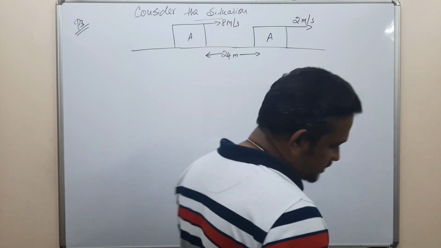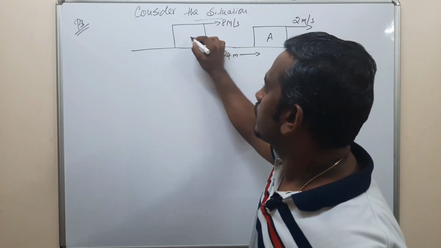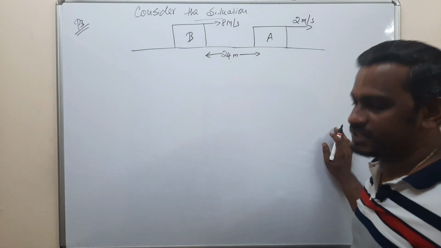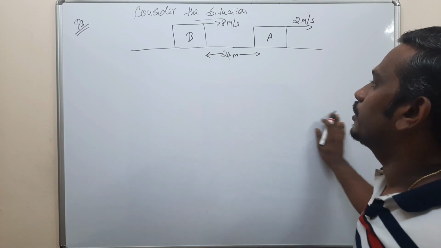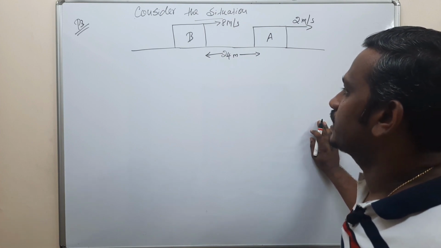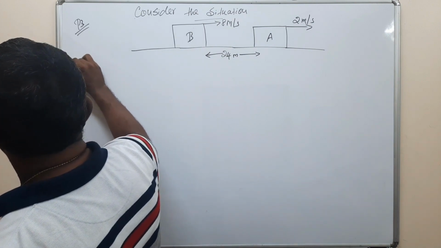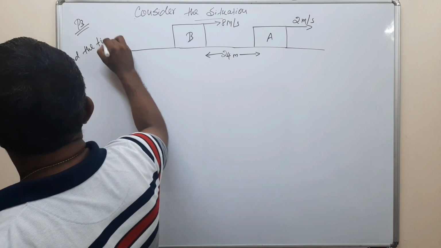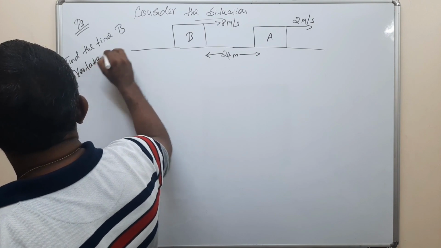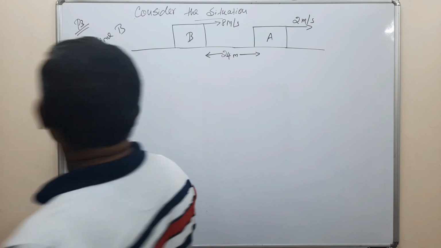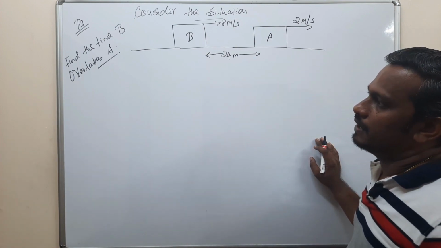A car A is moving with 2 meter per second ahead of another car B, which is moving with 8 meter per second. When these two cars are 24 meter apart, we have to find the time B overtakes A.